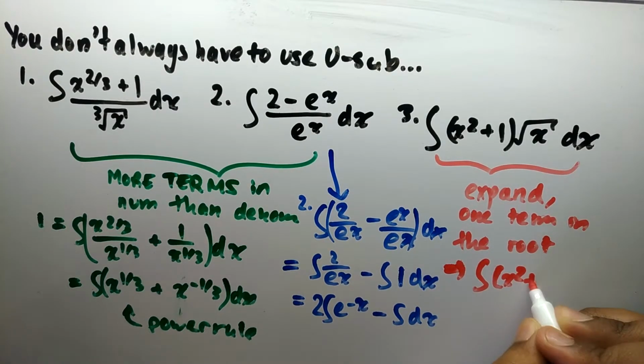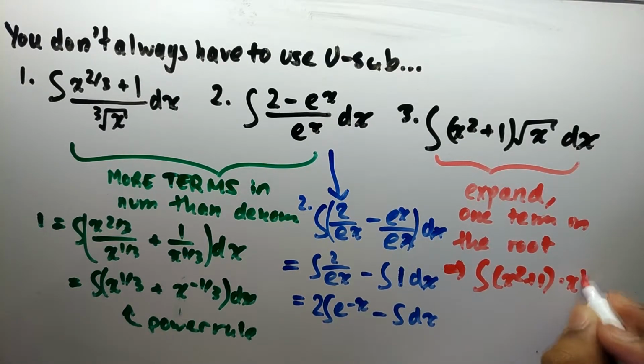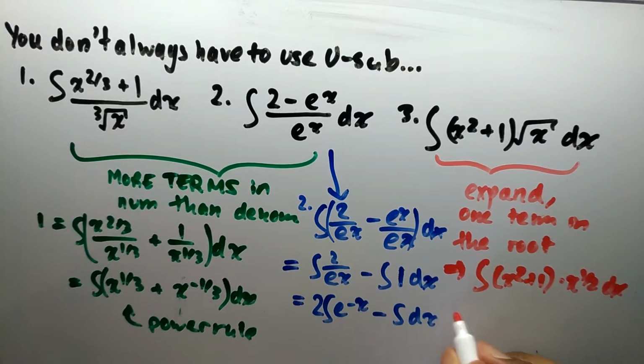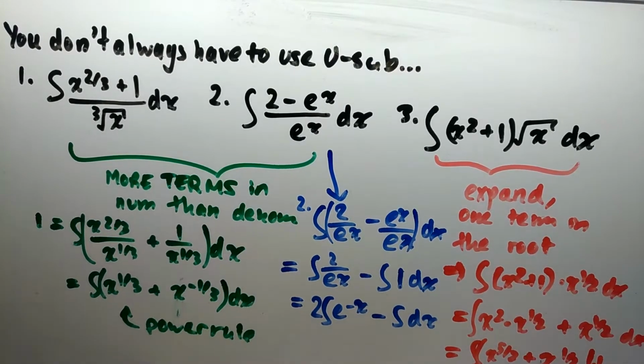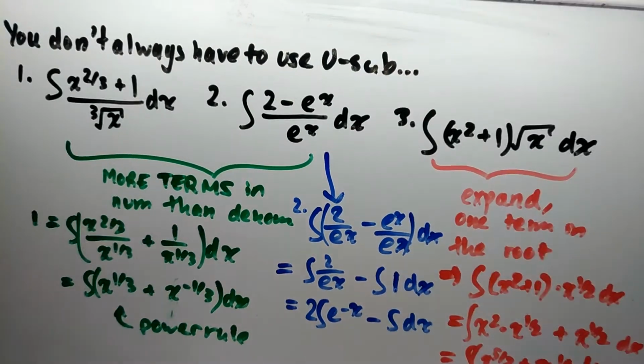So in this case, it's x squared times x squared plus 1 times x to the half, which is the square root of x. You can do x squared times x to the half plus x to the half times 1, which is just x to the half. So x squared times x to the half is just x to the 5 halves, and you can just use power rule from this point on.